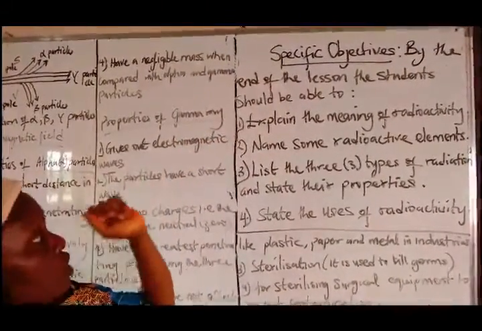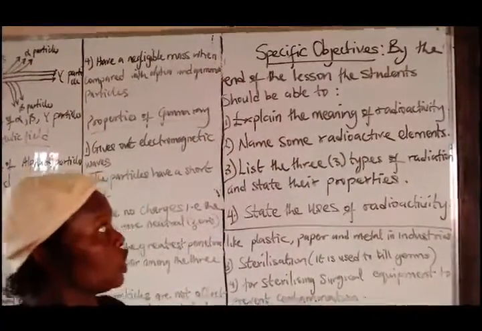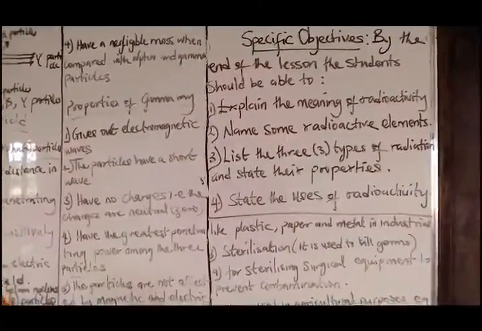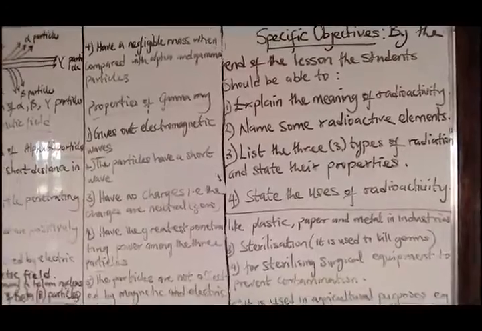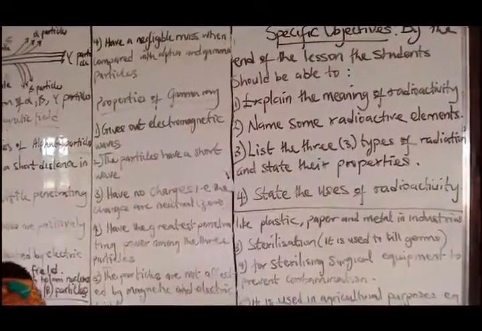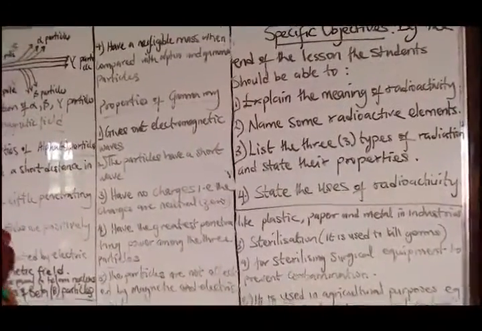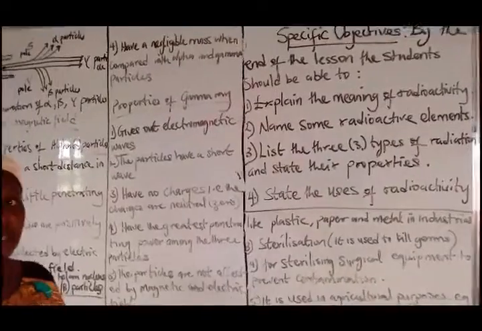We're expected to be able to explain the meaning of radioactivity. 2. Name some radioactive elements. 3. List the 3 types of radiation and state their properties. And lastly, the 4th one, state the uses of radioactivity.